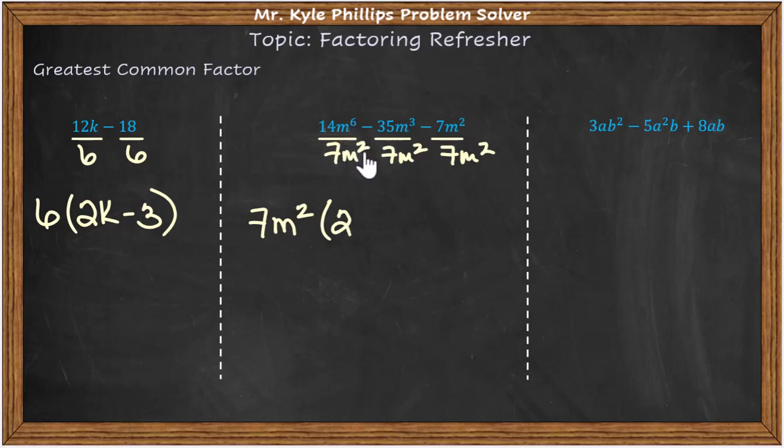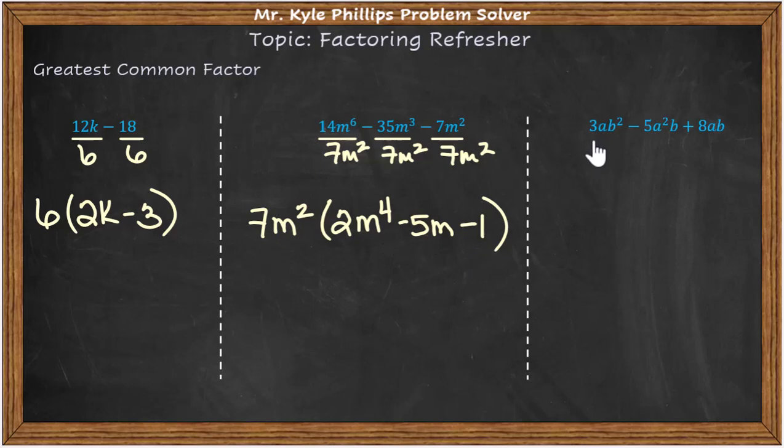So 6 minus 2 is going to be 4. -35 divided by 7 is -5. 3 minus 2 is 1. 7m squared over 7m squared is 1. And here I have factored out the greatest common factor, resulting in this polynomial.